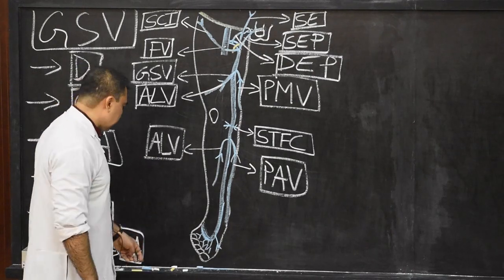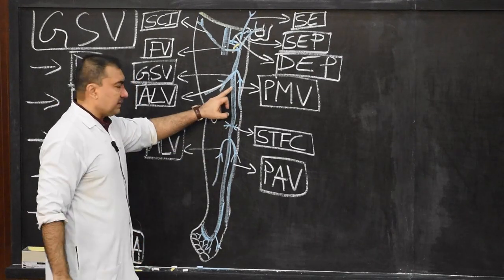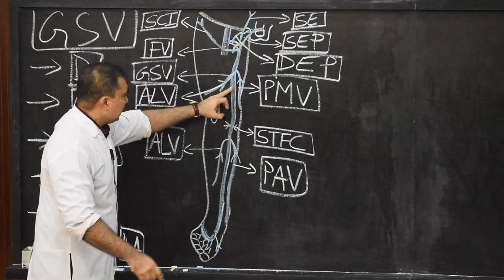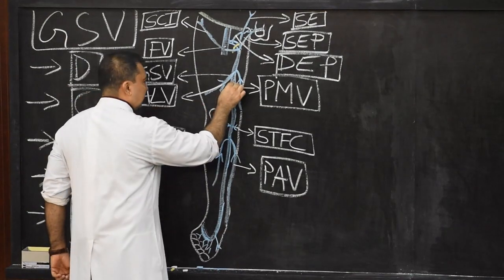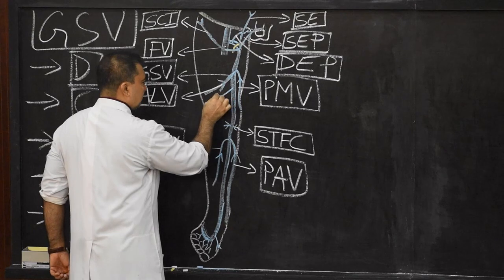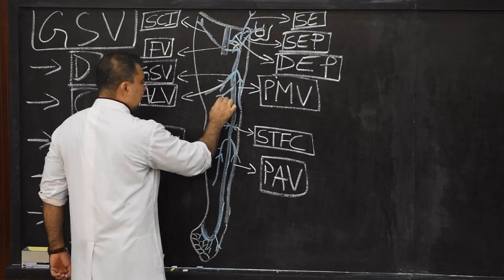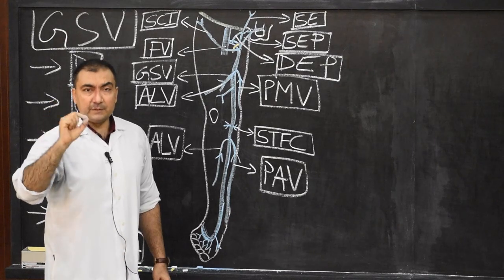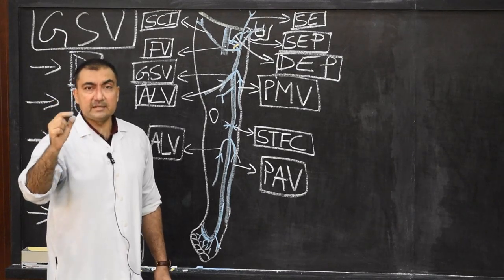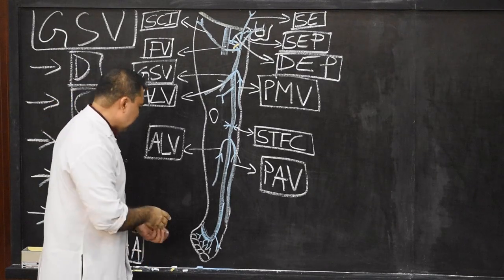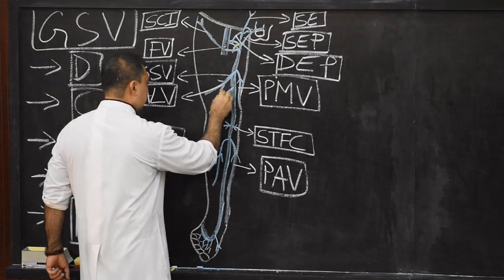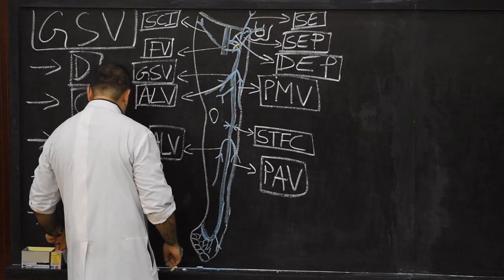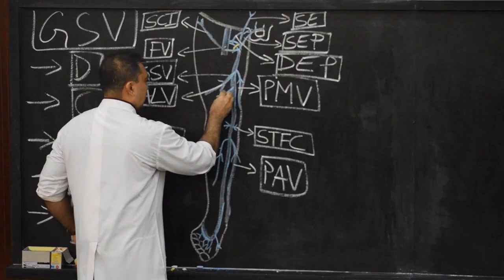The first perforating vein will be across the adductor canal, so I am drawing this across the adductor canal. We show this perforator as the adductor canal perforator, also known as the mid-hunter perforator, and here I will show it with the orange color.